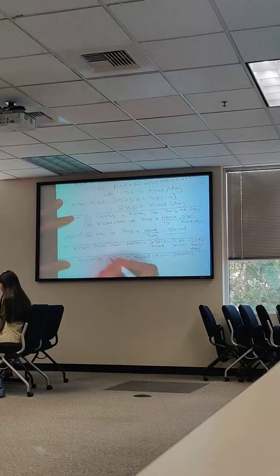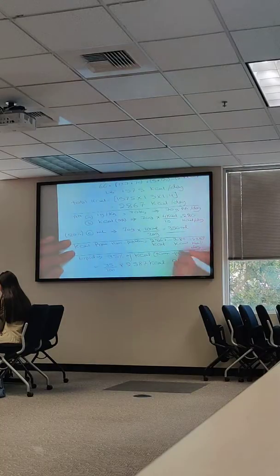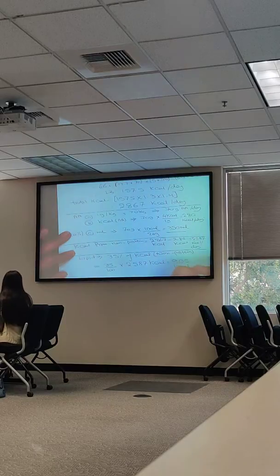So 35 over 100 multiplied by 2587 kilocalories, times 0.35, gives us 905 kilocalories per day.